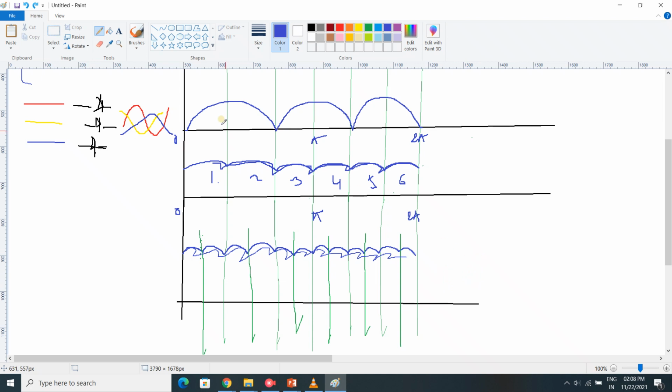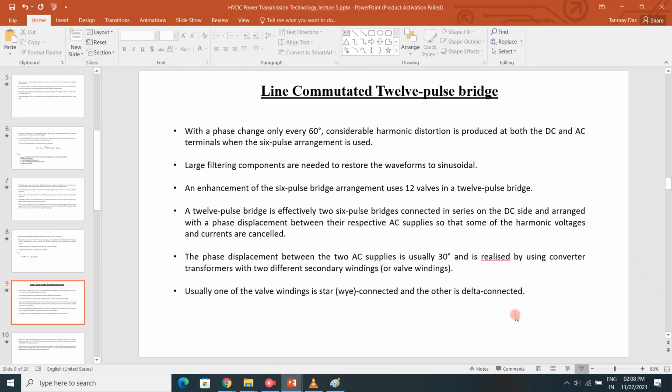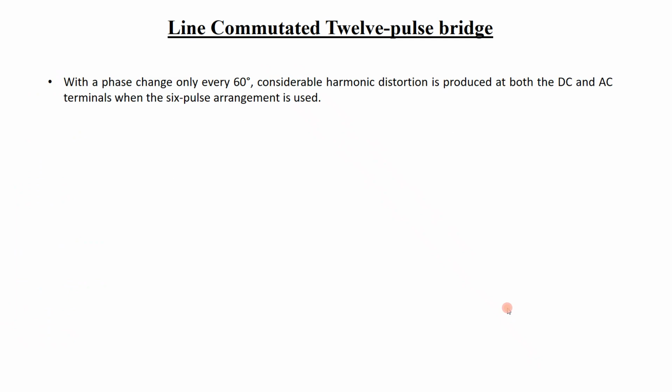So this is a 12 pulse rectifier, the line commutated 12 pulse bridge.